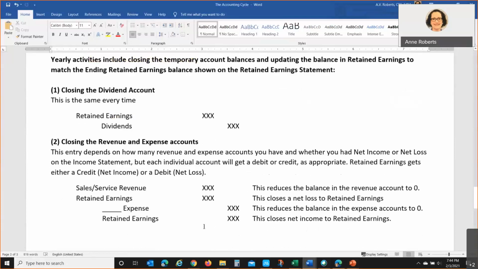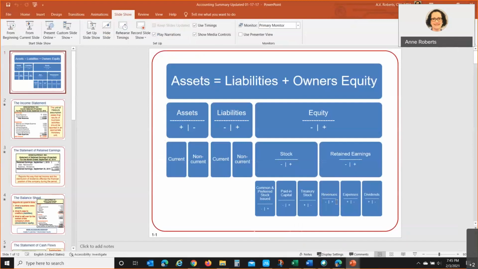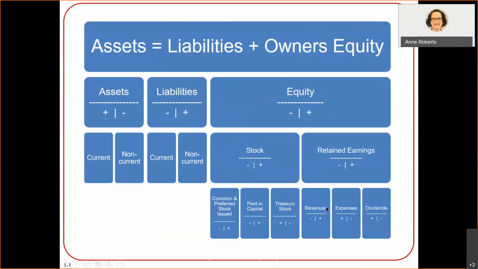Now, don't make this one hard either. We record dividends, so go back to here. Dividends go up with a debit and down with a credit. So if they go up with a debit, to close them out to 0 we need a credit.